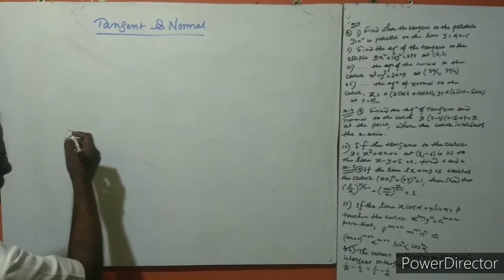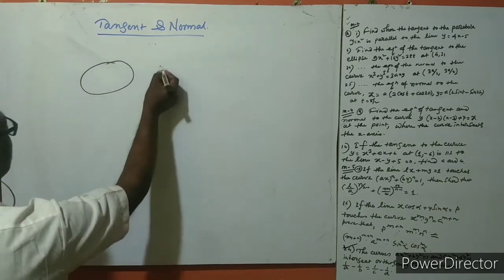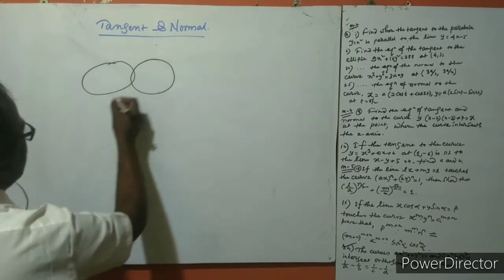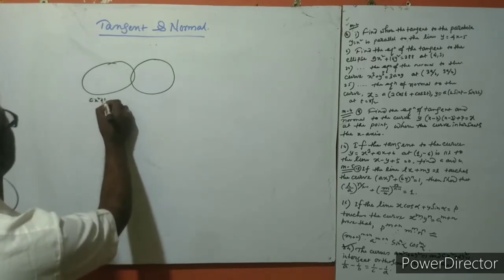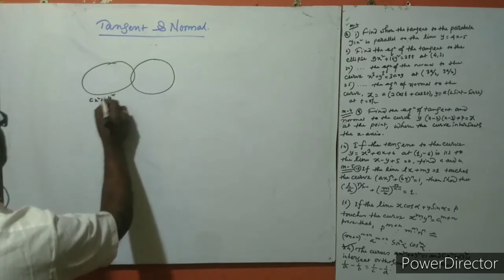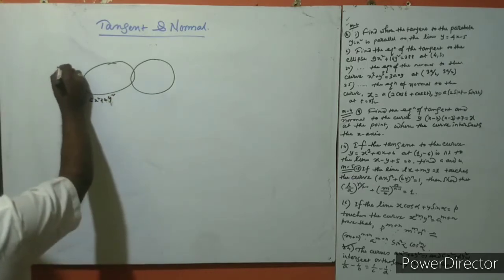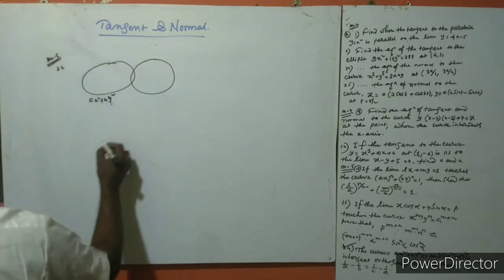Okay, see, here is one ellipse, and this is another ellipse. This is question number 24, marks 4, in the book of S.N.Dey.